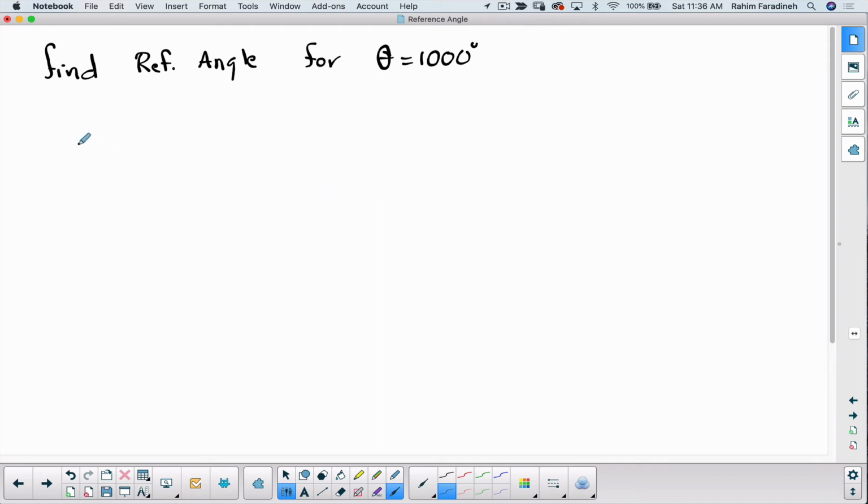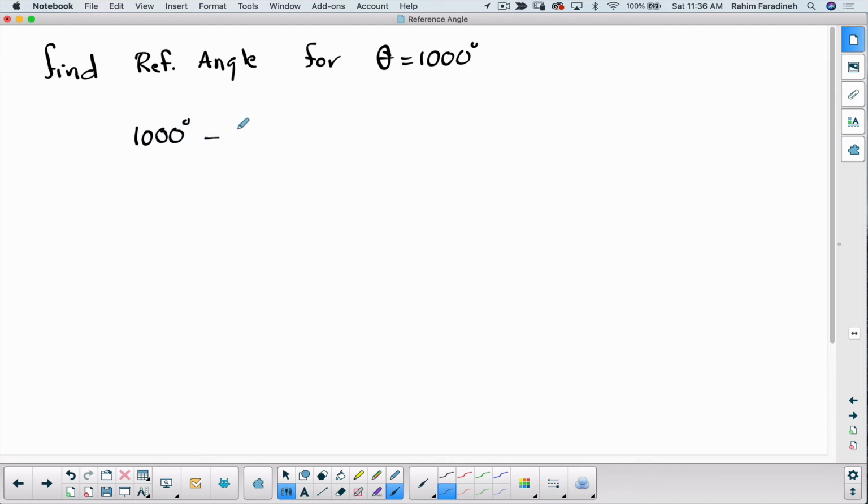Now 1000 degrees is obviously more than 360 degrees. So we can go ahead and subtract 360 degrees from this to get an equivalent angle which is coterminal with a 1000 degree angle.